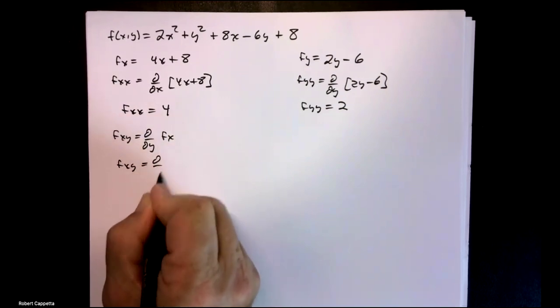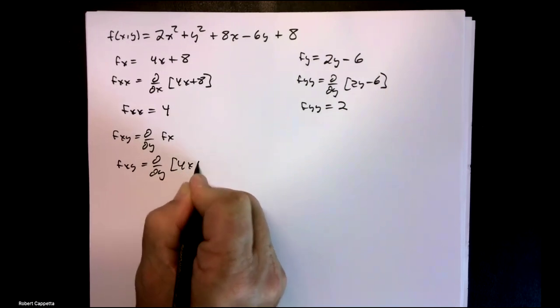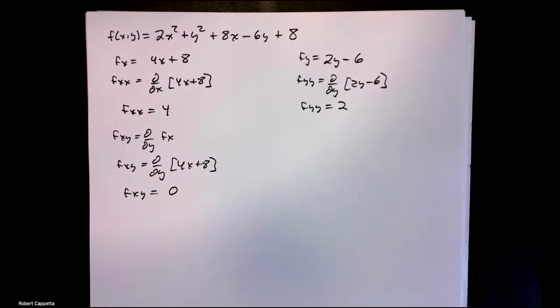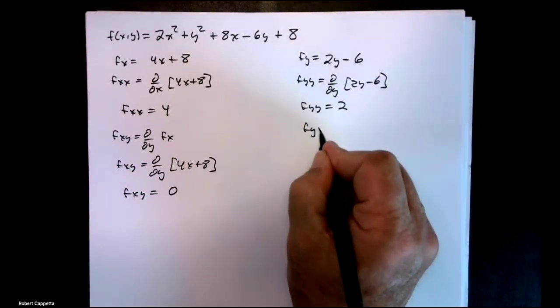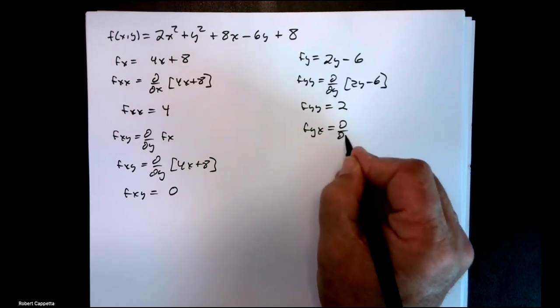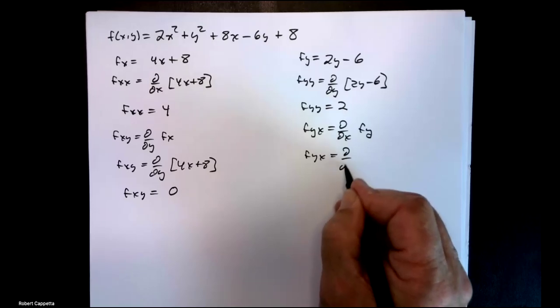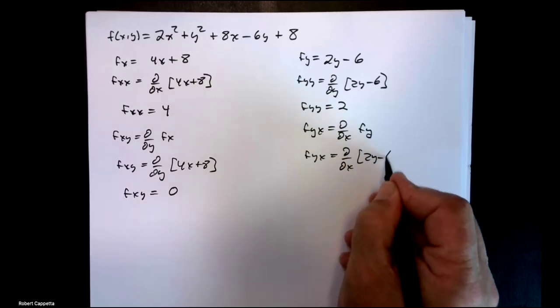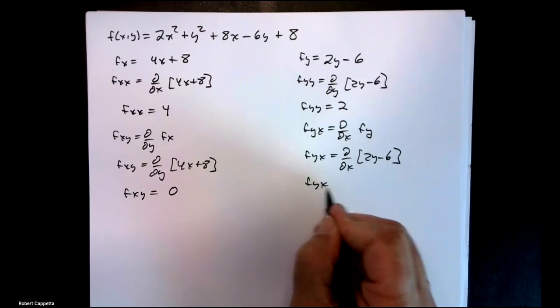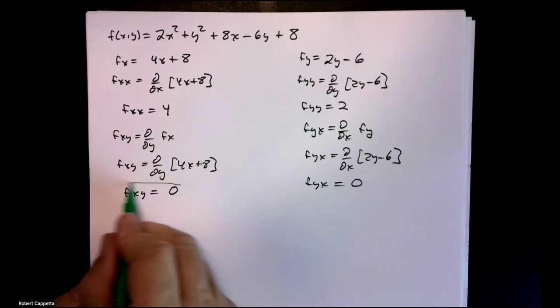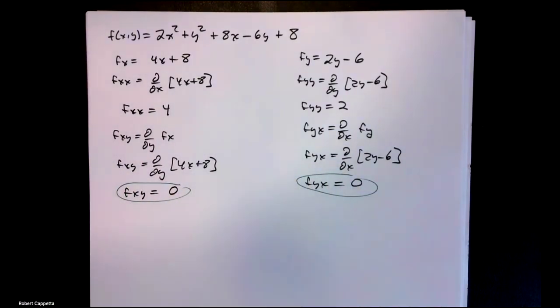That's the partial with respect to y of 4x plus 8, and that's 0. So fxy is 0. Similarly, f sub yx is the partial with respect to x of f sub y, the partial with respect to x of 2y minus 6, and fyx equals 0. Now, that shouldn't surprise you. fxy and fyx are the same. That will always be the case for the types of functions that we choose to study in this course.